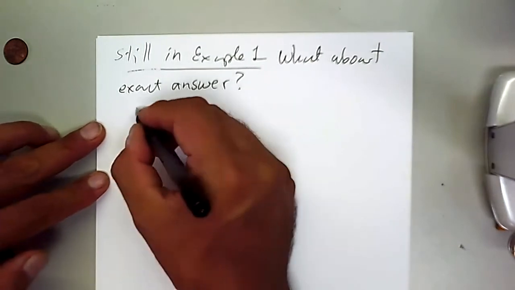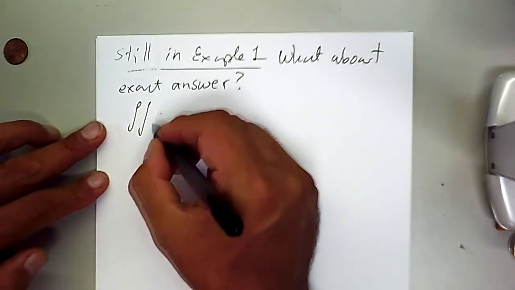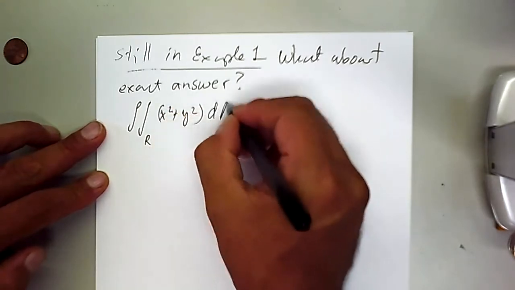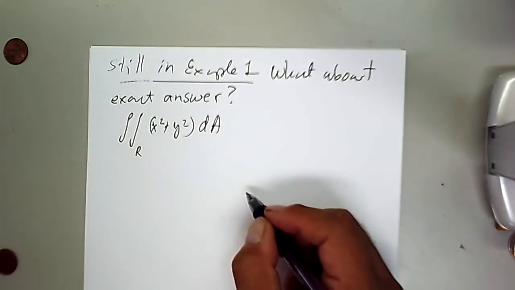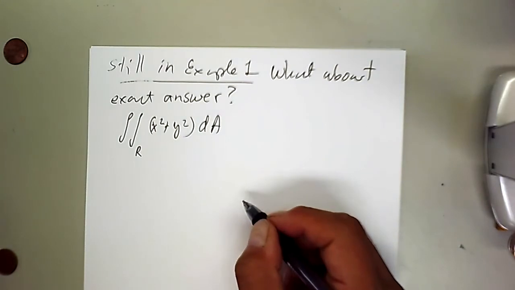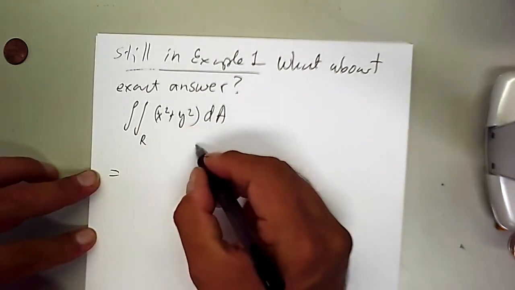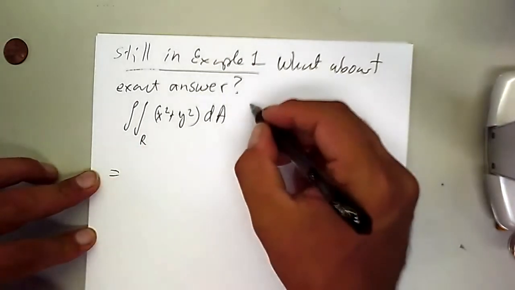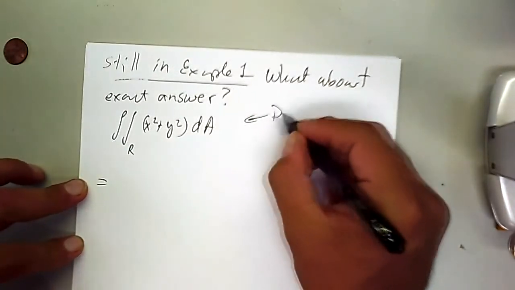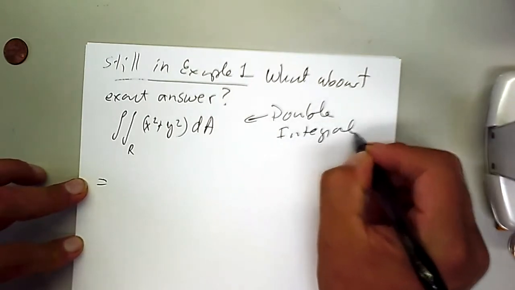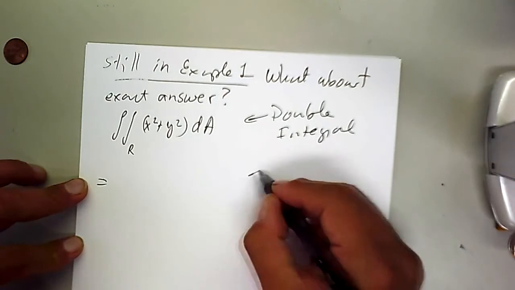So what is the double integral over that region of x squared plus y squared with respect to the area? How do we find it exactly? We're going to use what is called an iterated integral. This is a double integral, and we're going to change that into an iterated integral.